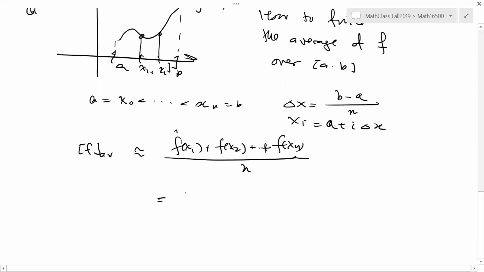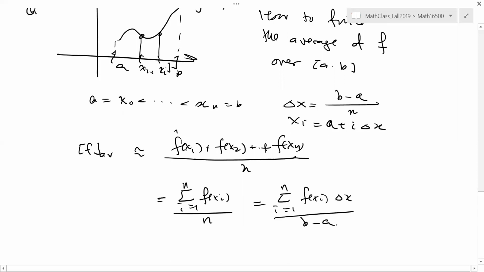So what I get here is the sum over i of f of xi, divided by n. According to the formula for delta x, 1 over n is delta x divided by b minus a, so this becomes the sum of f of xi delta x, divided by b minus a.